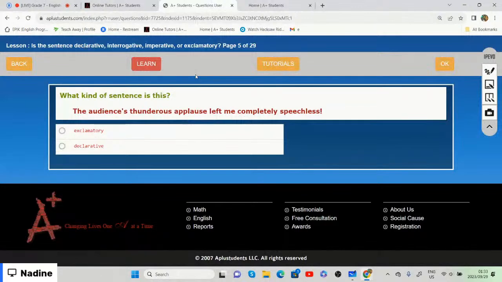Remember, both declarative and exclamatory sentences make a statement. However, exclamatory sentences show more emotion and feeling, and end with an exclamation point or exclamation mark. So this is an exclamatory sentence.